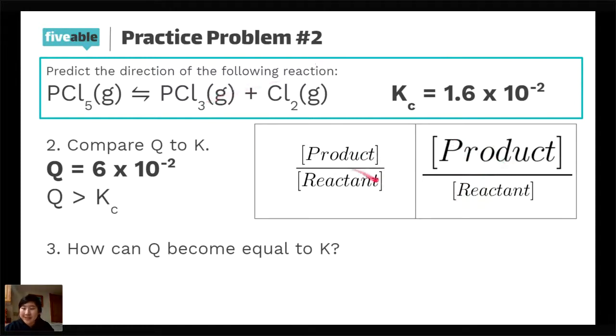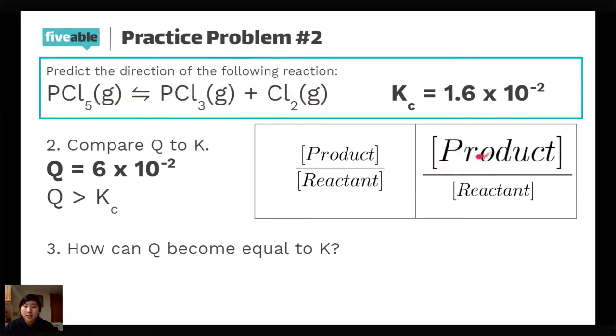I think Seamus already said this, which is awesome. He says that the reaction should move towards the left. So if the reaction were to move to the left, it means it's going to move backwards. If you follow my red pointer, it's going to move this way. So this side is going to start reacting a lot, using itself up so that it can produce more PCl5.